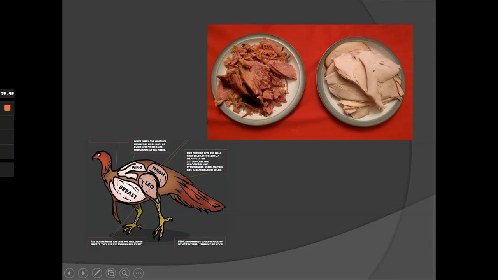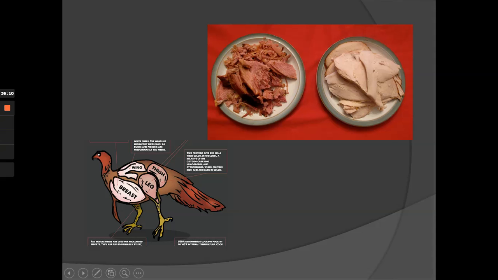All right? Now let's look at that turkey. A turkey does a lot of walking around, and this is where we're mainly going to find a lot of this dark meat. So the muscles that need to be used quite often are going to be the dark meat on that particular bird.